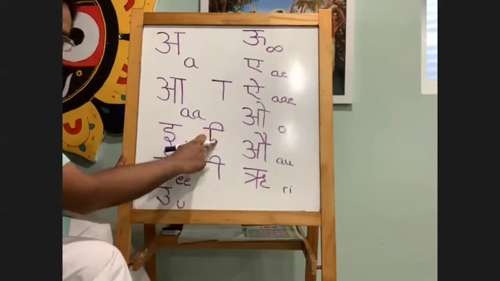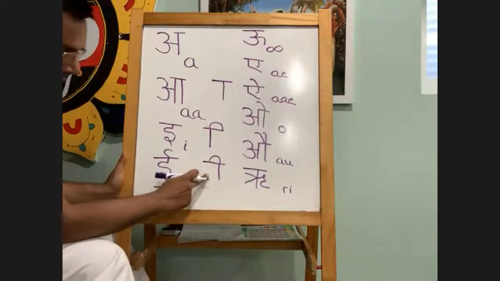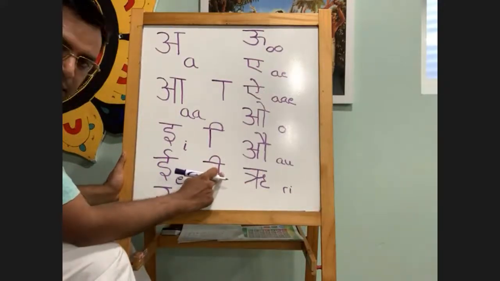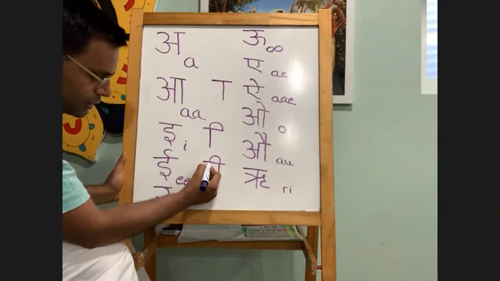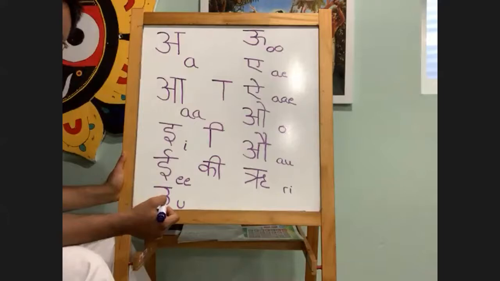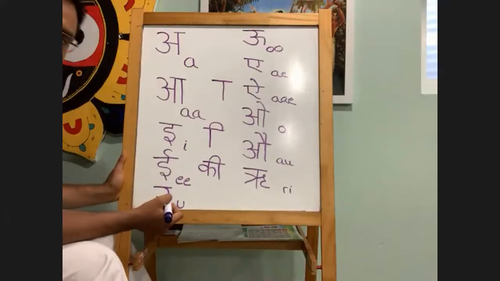This one comes in front of the letter, E comes behind the letter, like Ka plus E. So this will be Ka and then the E matra, like keel.